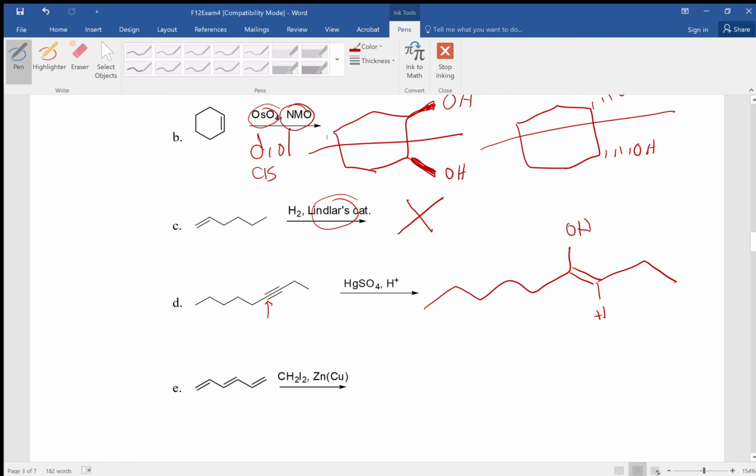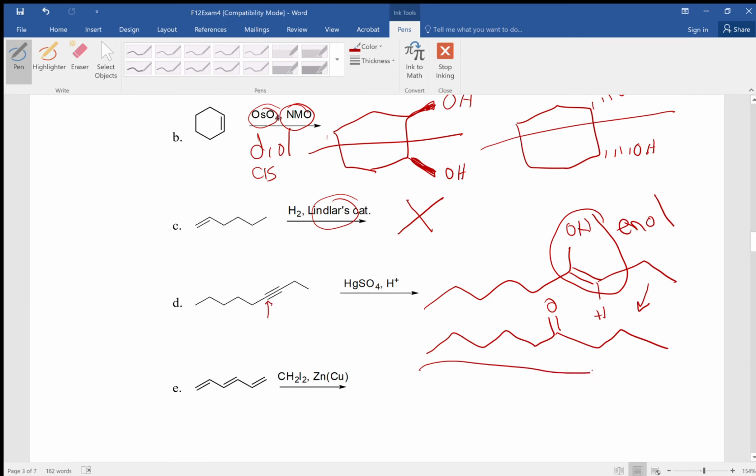But with these types of reactions, we're not done. This functionality here, which you should recall is known as an enol, under either acidic or basic conditions, will tautomerize to form the carbonyl. And so the final product of this reaction is this one here.